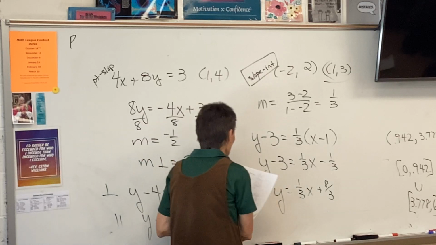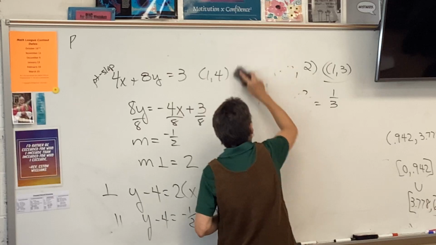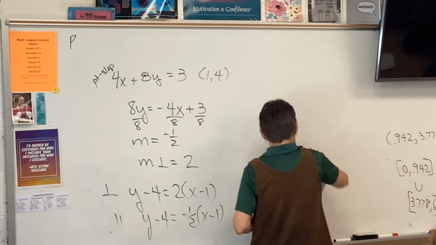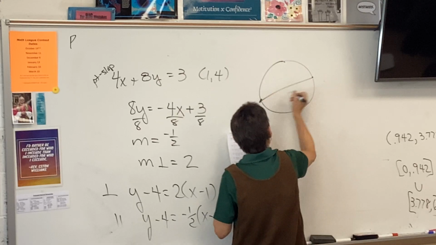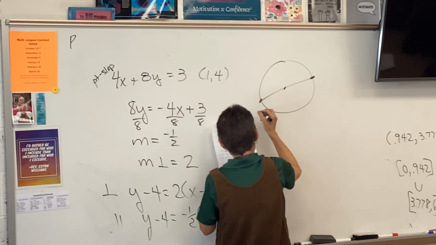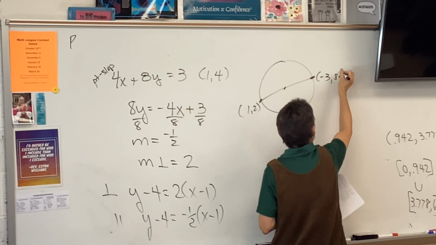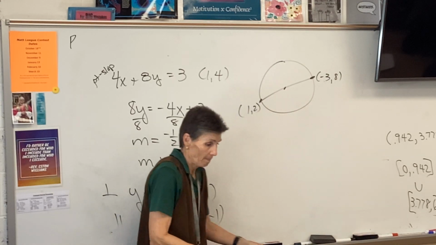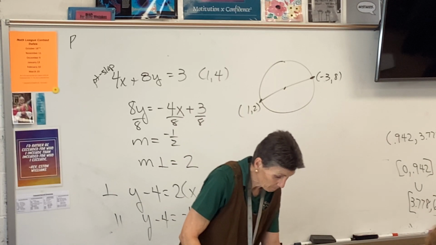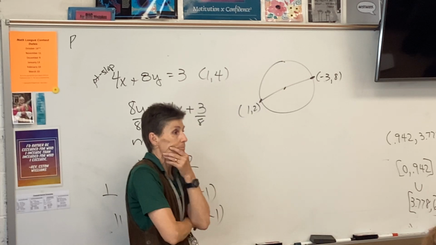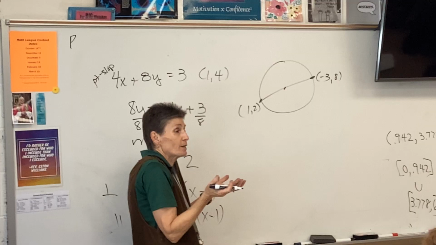Number 4, write the equation of a circle with a diameter whose endpoints are (1, 2) and (-3, 8). All right, what do you think? Gotta find the midpoint. In order to write the equation of a circle, you gotta have the center.